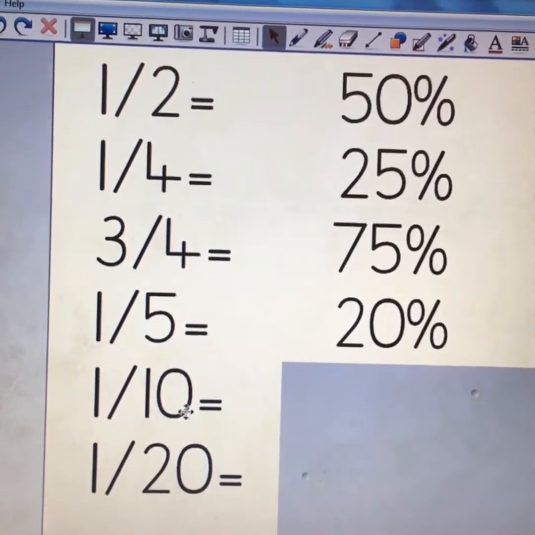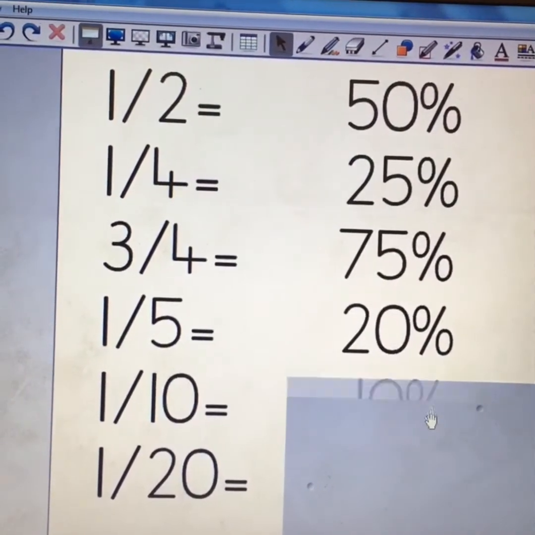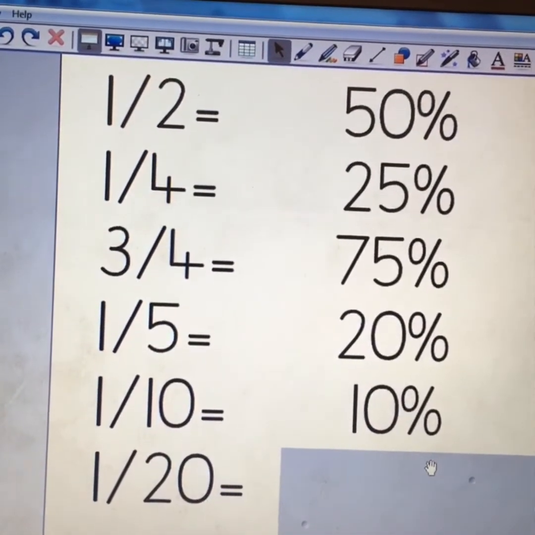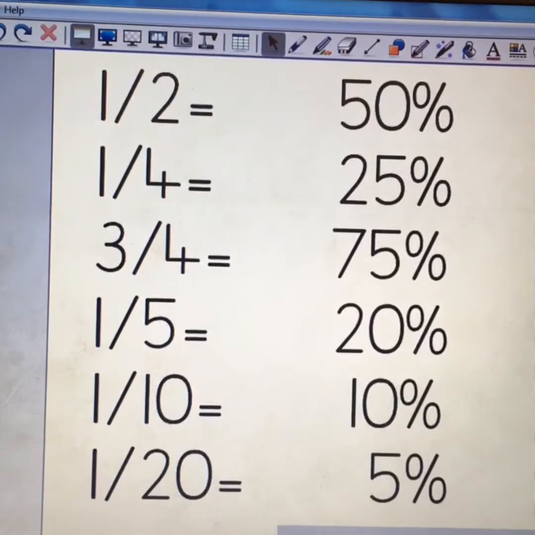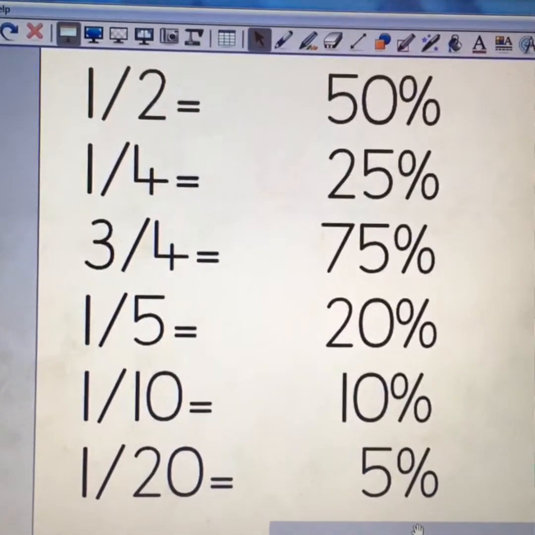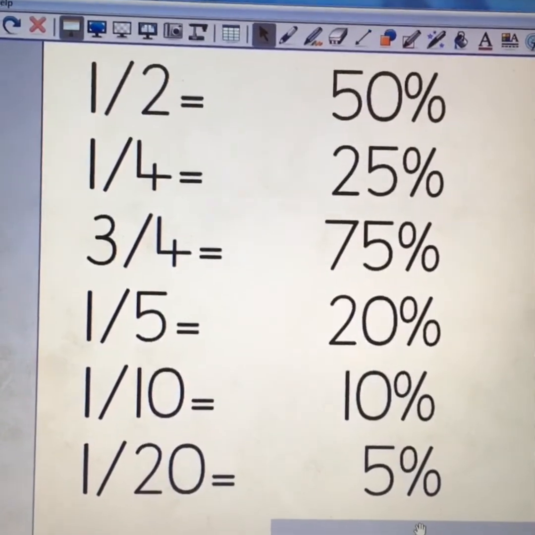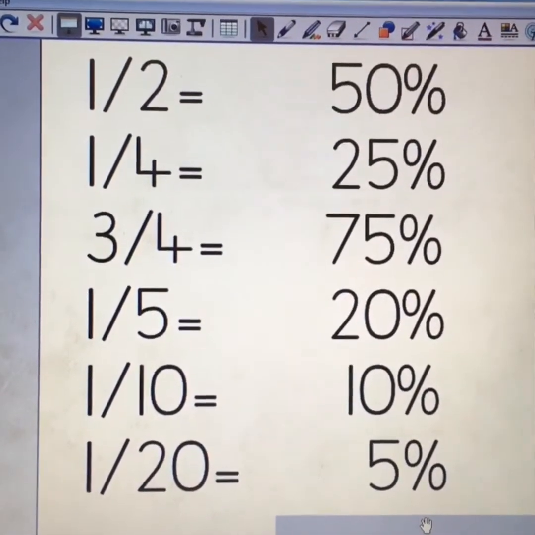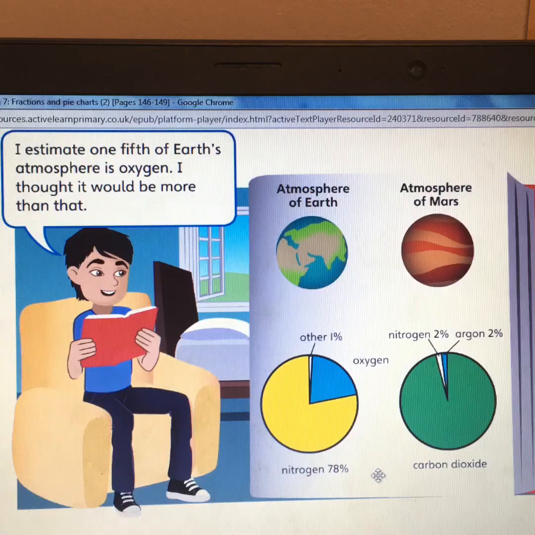To work out a tenth of 100, we divide by 10, which is 10%. And to work out a 20th, we divide by 20, 5%. Okay, remember these because you're going to need them. And remember that the whole thing equals 100%. Percent means out of 100.